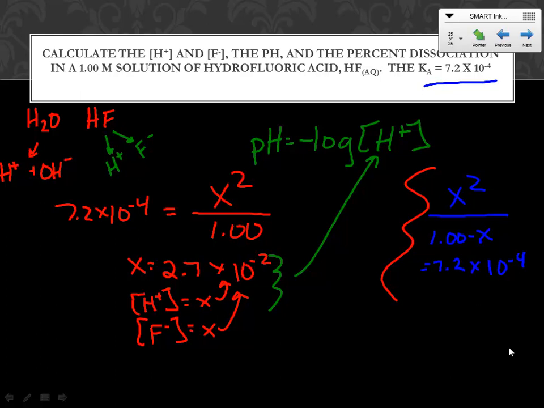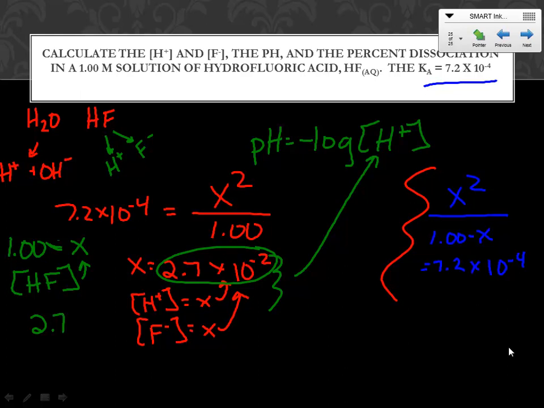Then in order to calculate the percent dissociation, you can use the X value that we just calculated to determine the actual, we'll go back to our 1.00 minus X to give us our equilibrium concentration of HF. You can determine the percent dissociation from this. And if you do that, you'll find that the percent dissociation is about 2.7%, which really isn't a lot.